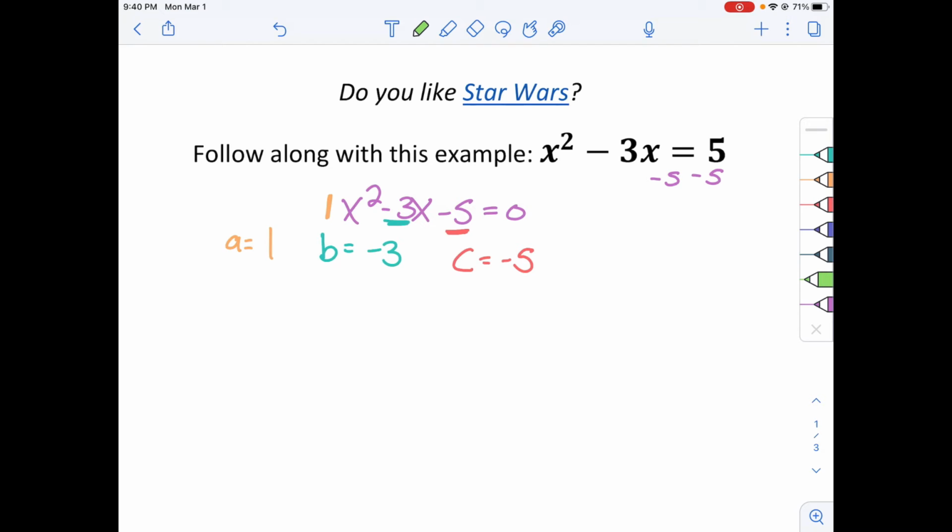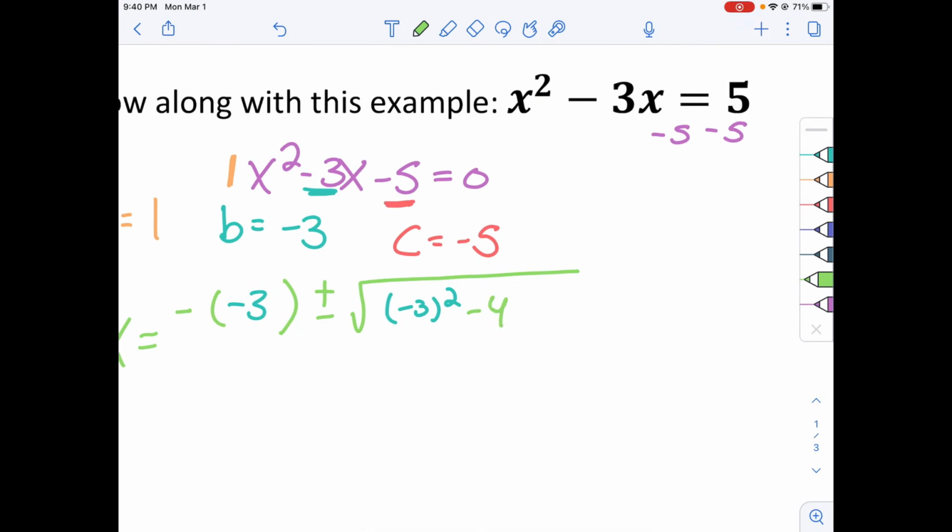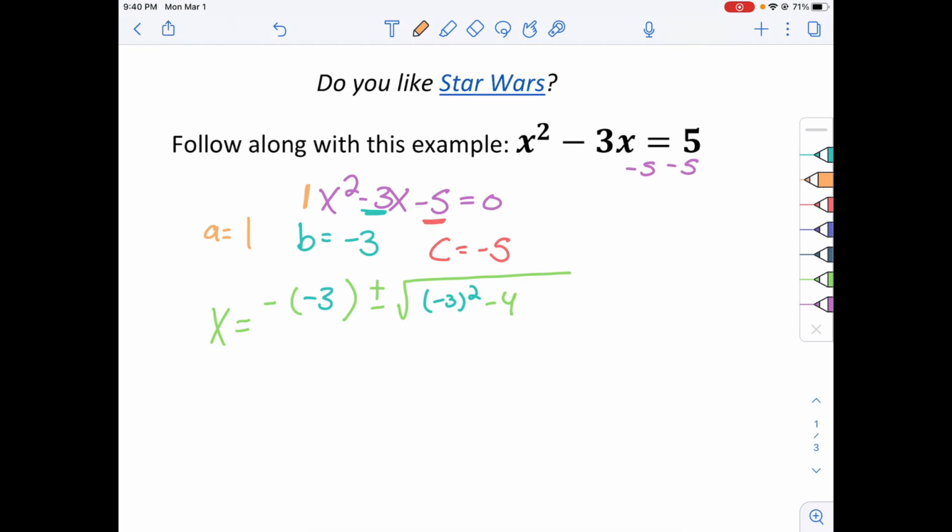So our formula goes x equals negative b, so negative 3, and then it's plus or minus the square root of b squared, so negative 3 squared, and then that's minus 4 multiplied by a, which is 1, multiplied by c, which is negative 5, and then that entire thing is getting divided by 2 times a.